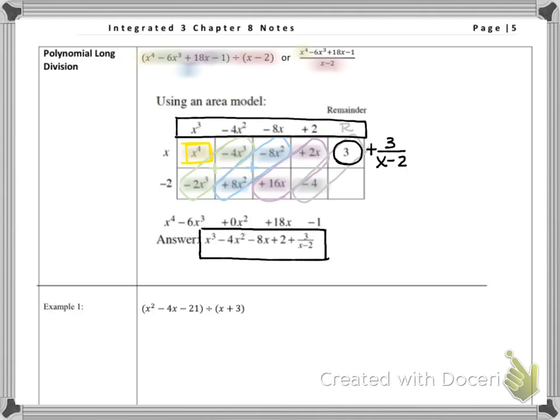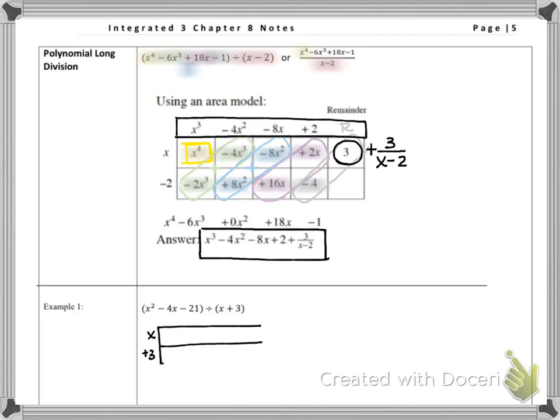Okay, let's actually go through and do a division problem ourselves. So, first and foremost, I am going to take the x plus 3, and I'm going to place it down the side. Going to start setting up a generic rectangle.